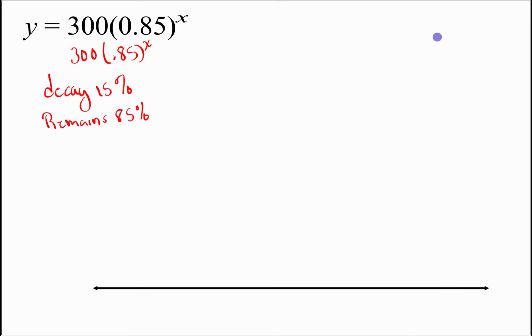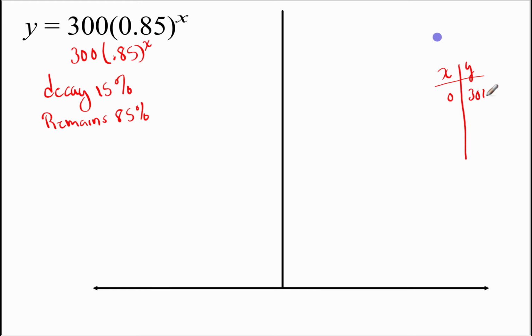So if you're going to graph this, you're going to have to use a graph that's not really pre-labeled. You got to look at what your answers are. So you may have to take some time to do a table over here and realize, okay, x and y, if I put 0 in, that means I'm going to have 300 because that's where I start. 0.85 to the 0 power is 1. 1 times 300, 300.